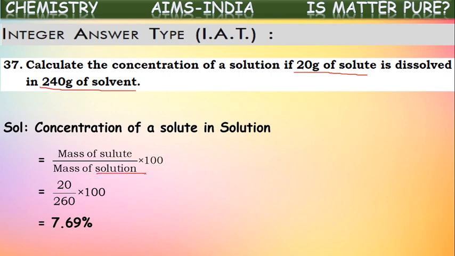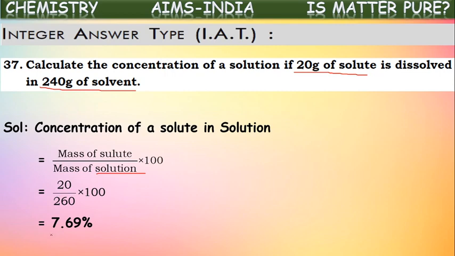Then the mass of solution is nothing but the sum of the mass of solute plus the mass of solvent. If you take the sum of these two, 200 plus 20, we get the mass of solution as 220. So the mass of solute is 20, the mass of solution is 220, into 100.